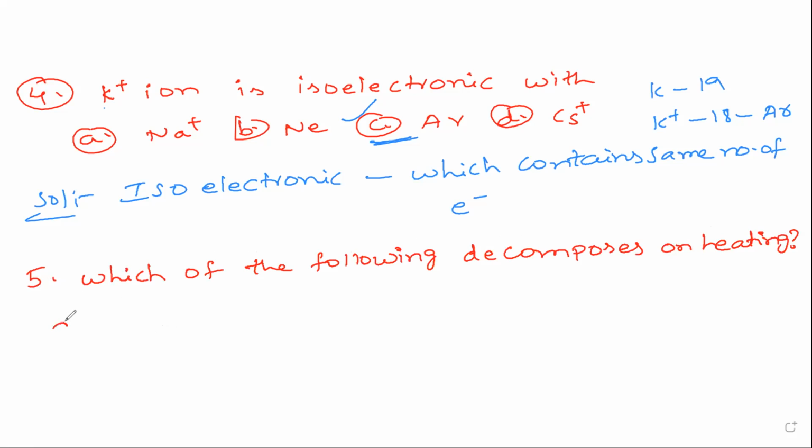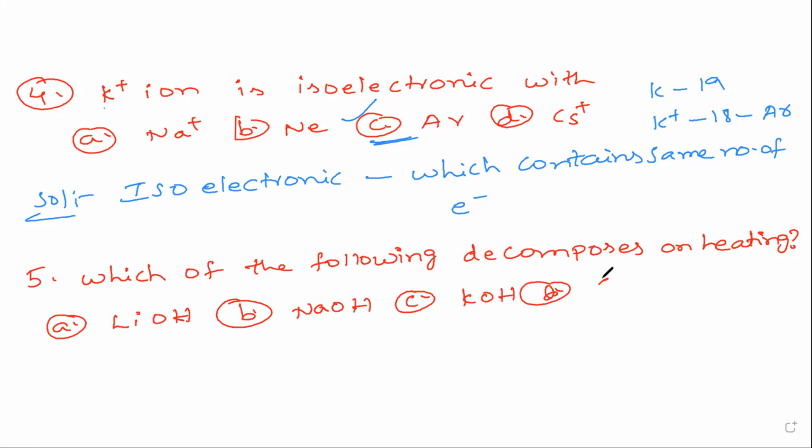Option A, lithium hydroxide. Option B, sodium hydroxide. Option C, potassium hydroxide. And option D, cesium hydroxide.